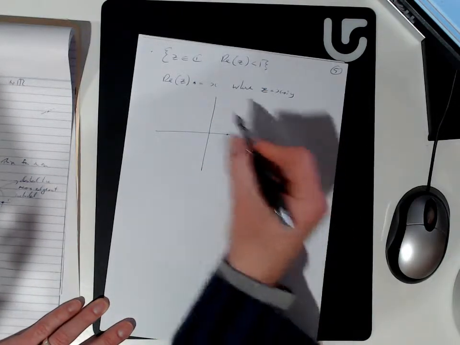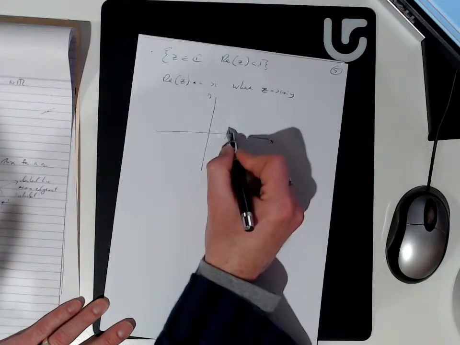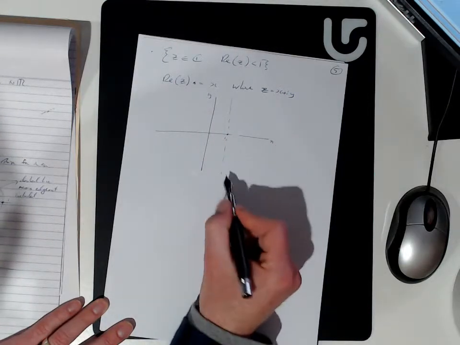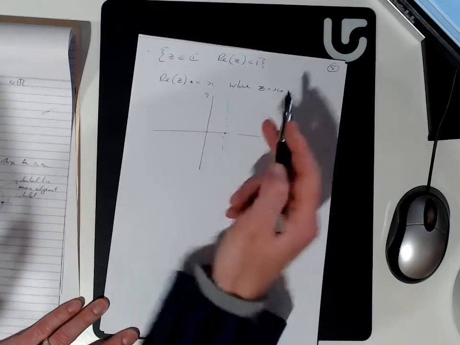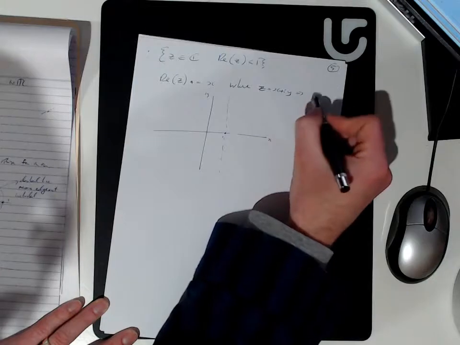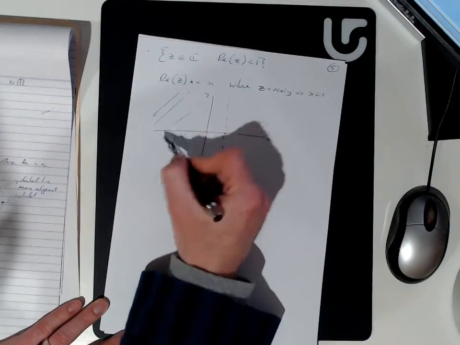So there's our x, this is our iy, here's 1. We need the real part of z, so x is less than 1, so it's everything over here.